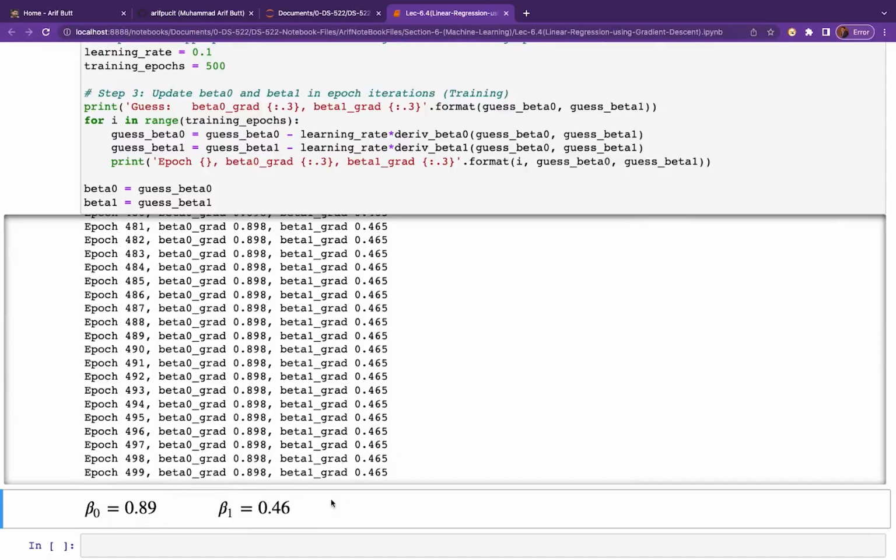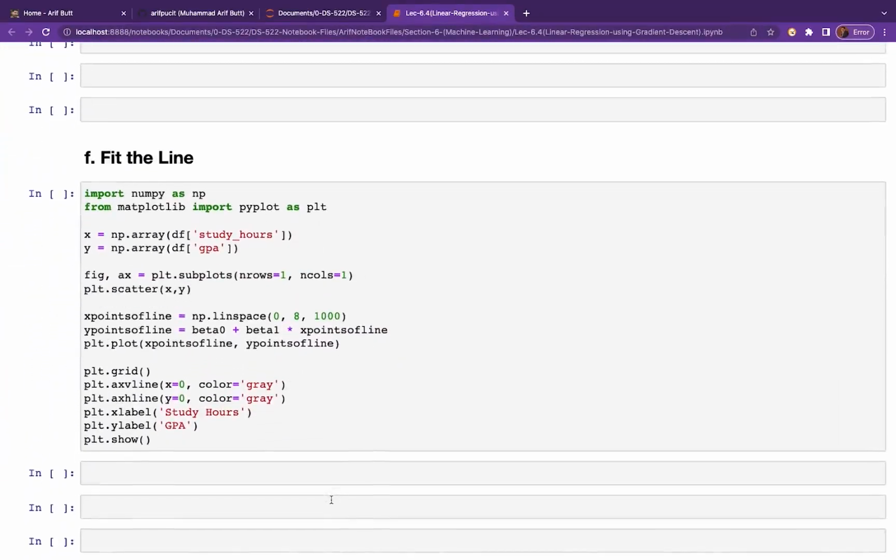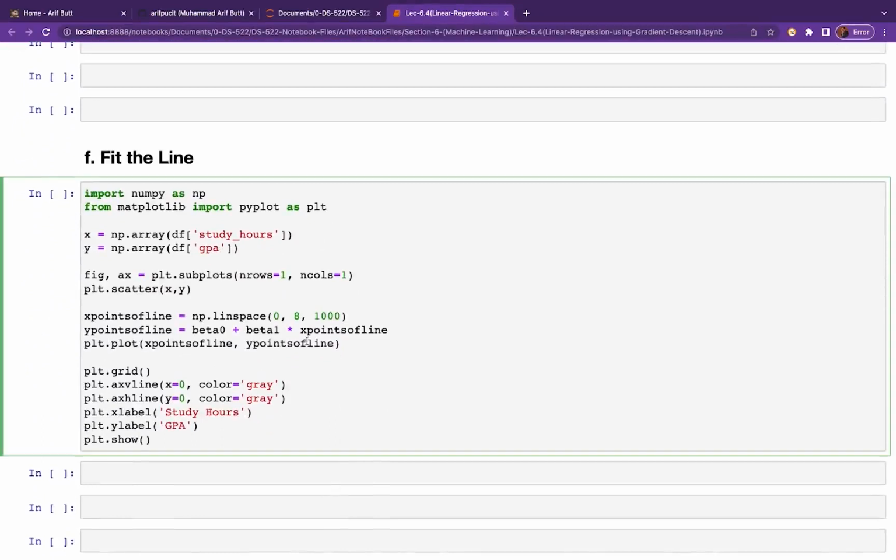Great job done. Now we need to fit the line and do the prediction, which is again a simple piece of cake job. Well, this is the code which actually reads the study hours from this data frame and places it in a numpy array X, the GPA in a numpy array Y. Create the subplots, use the scatter plot method to plot the points, and I'm using the plot method over here.